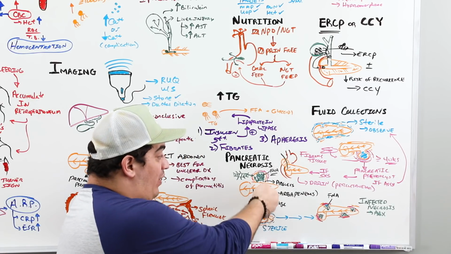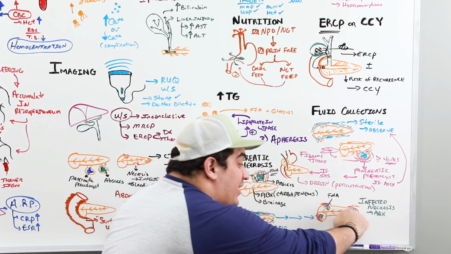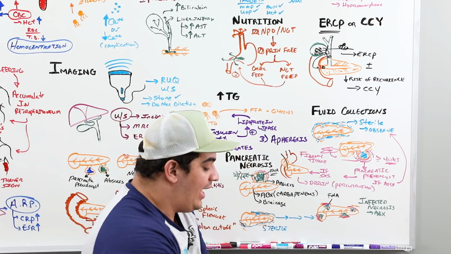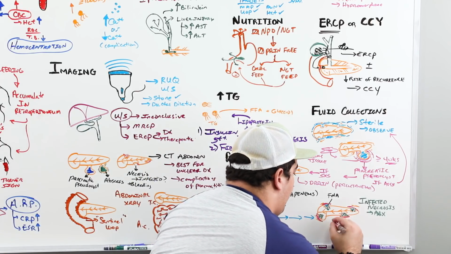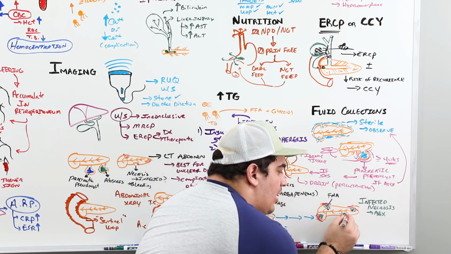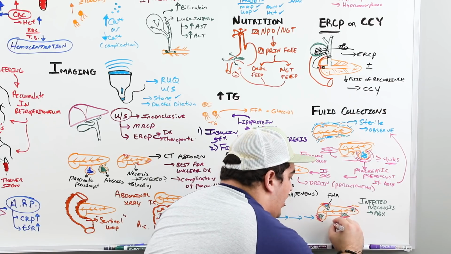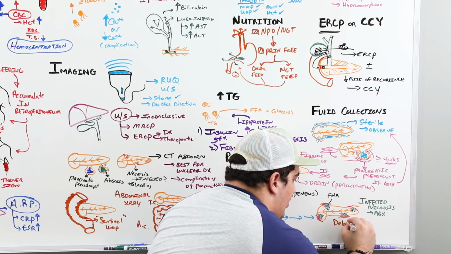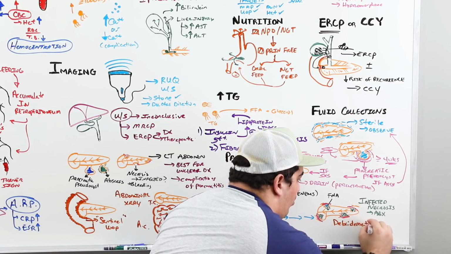So in the abscess, I just drained it. But in this one, I may actually have to cut the necrotic tissue out. And so you may be able to do it percutaneously, but generally you have to do what's called a debridement. So you may have to debride this area.